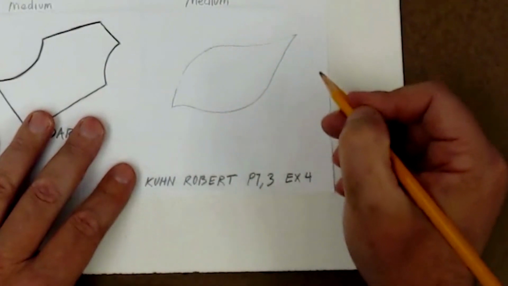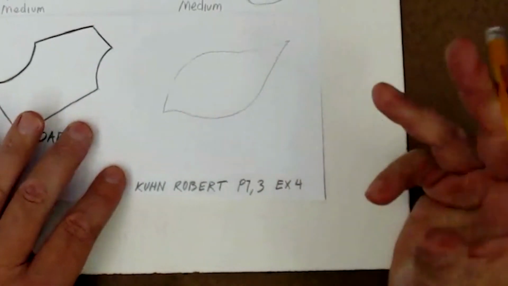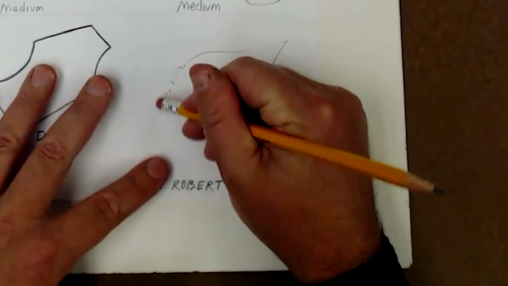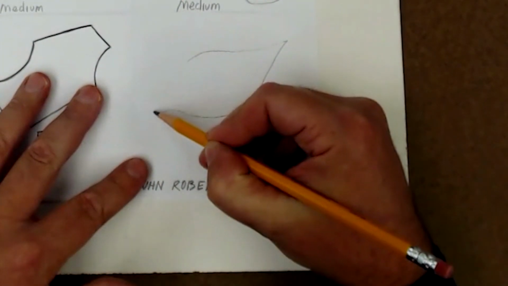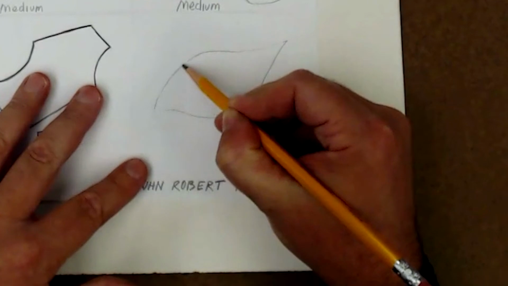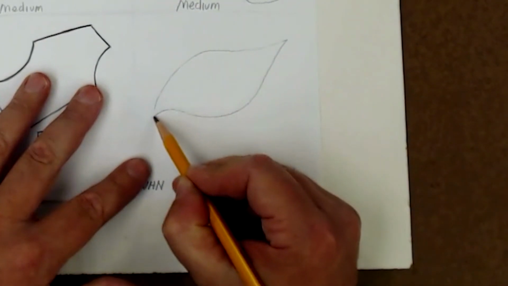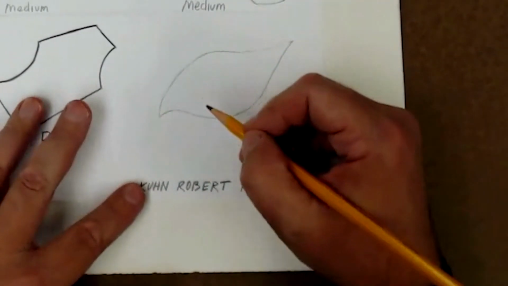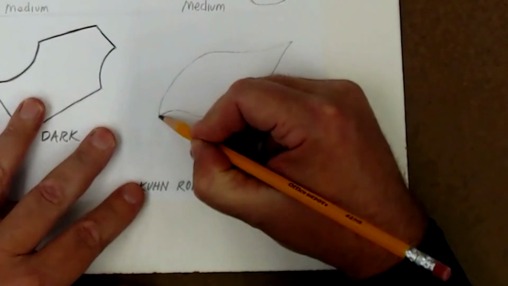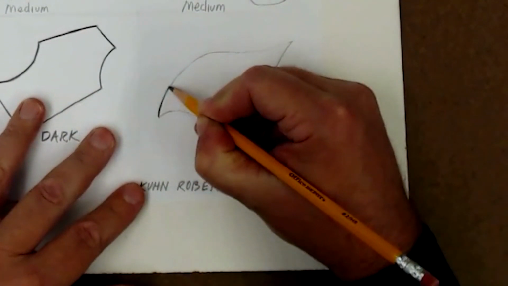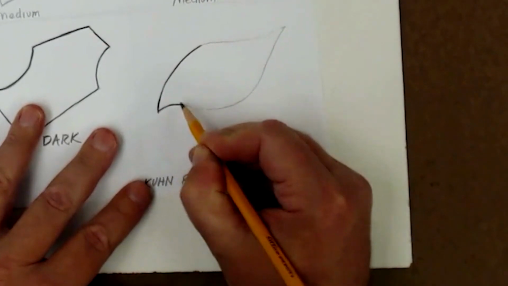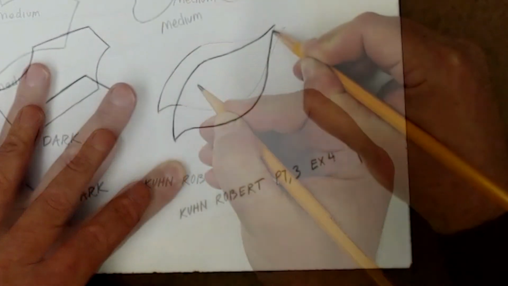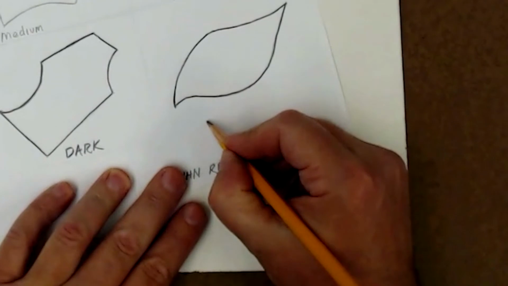Okay. And once I've got my shape the way I want it, let's say I wanted to change it a little bit. I drew it lightly at first, right? Makes it really easy to change. Let's say I brought it out there a little bit more. It was just fine the first time, but there it is, right? And so then once I've got it how I want it, then I can darken it. Then I can hold my pencil down here, and that is dark.